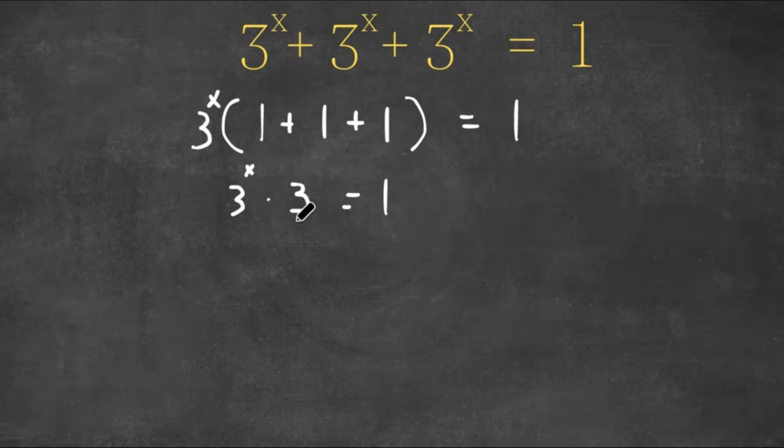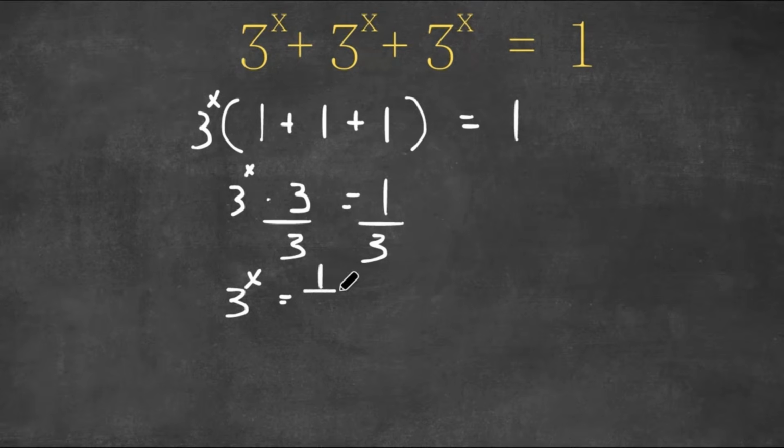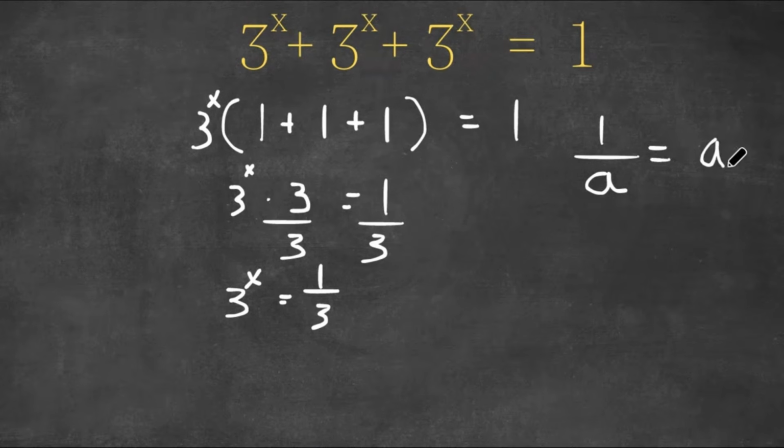Now I want to isolate x, so I'm going to divide both sides by 3. So now we have 3 to the power of x is equal to 1 over 3. Now, how would I change 1 over 3 so that it's in the form 3 to the power of a number? Well, if we have 1 over a, this is actually equal to a to the power of negative 1.